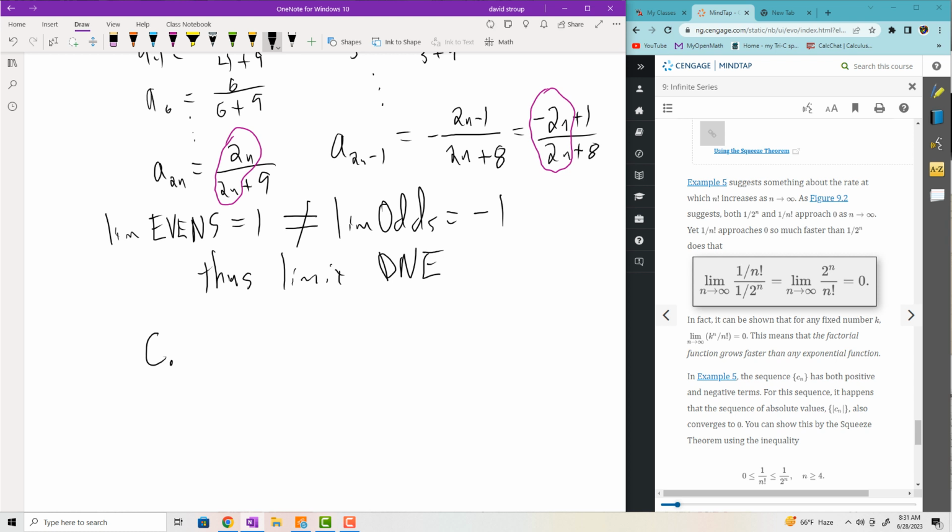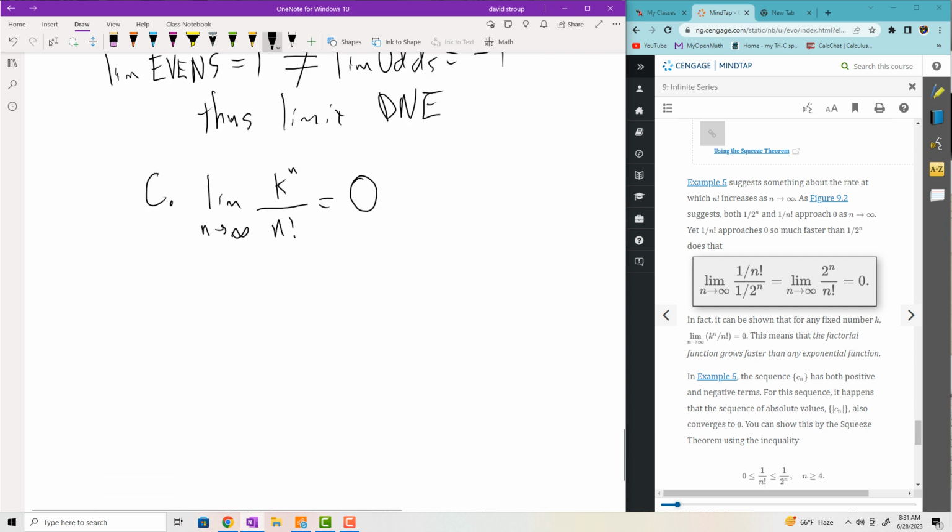I'll just put it as part C. Basically, if you have the limit as n goes to infinity of something like k to the n all over n factorial, that n factorial grows so much faster than any exponential that the denominator is just going to be huge after a while, and this will go to 0. So this is just a helpful factoid that can help you in your journey through chapter 9. It doesn't come up all the time, but when it does, it's like, ooh, I remember that.